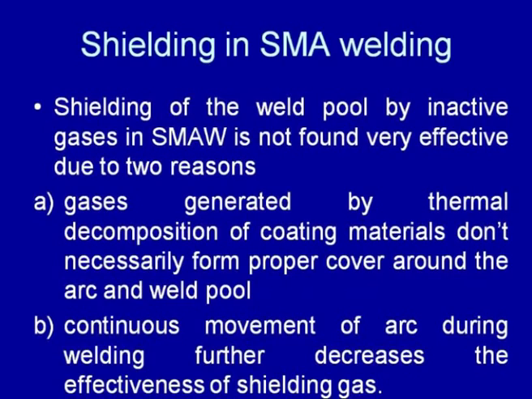One is that the gases generated by the thermal decomposition of the coating material do not necessarily form a proper cover around the weld pool and the arc. Under normal conditions, they form a cover around the weld pool on their own, and there is no driving force to form a perfect, complete shielding cover around the weld pool.